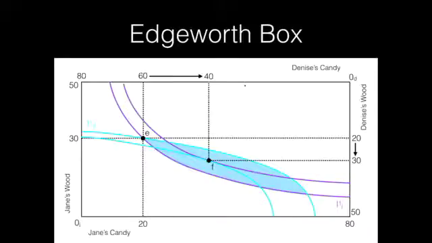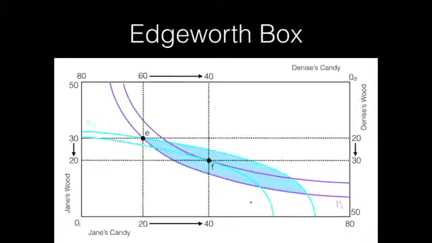So what Denise is going to do is trade 20 candy bars and get 10 cords of wood for that. And then Jane is going to receive 20 candy bars and give up 10 cords of wood in order to do that. So there's her decrease in cords of wood, and there's the additional 20 candy bars that she gets.